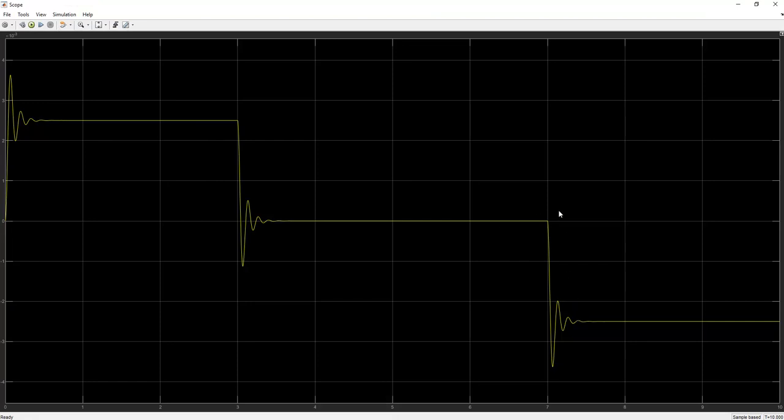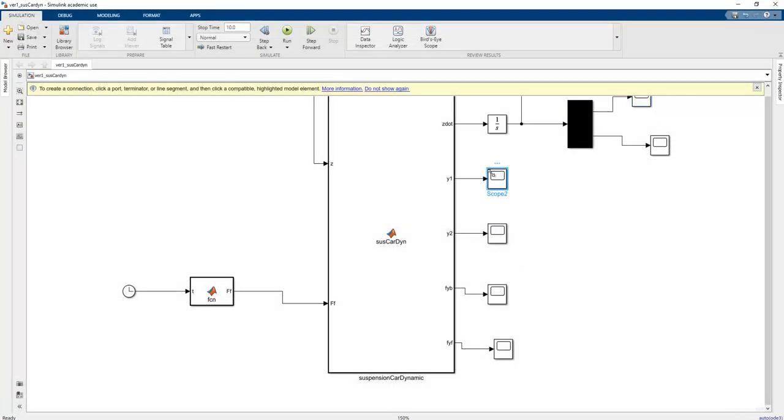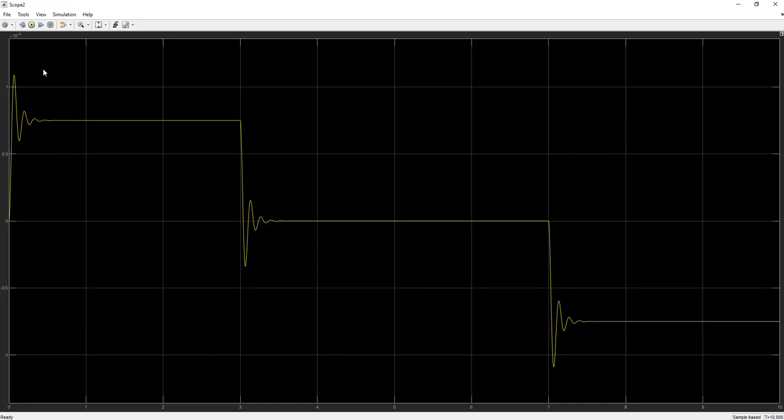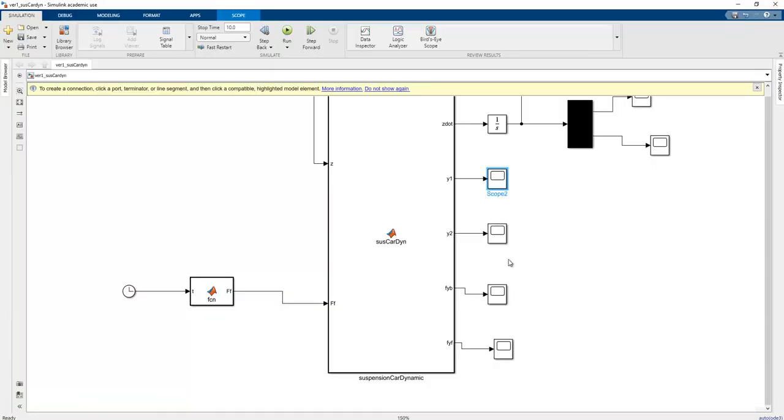This is not changed because it's not affected by LB and LF, because the reaction forces cancel each other. But in the Y1 position, this value in the previous case is 4, but it now is 1, okay? This is smaller than 2.